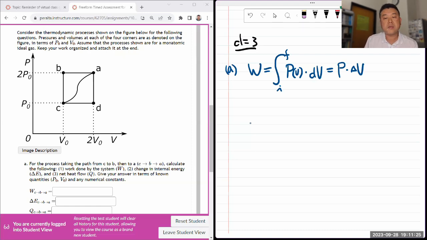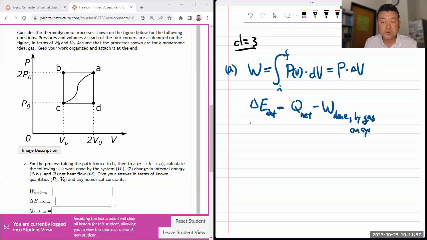The other expression you will use often is the first law of thermodynamics, which says the change of internal energy is the net heat transfer minus work done. If this minus sign confuses you, remember that physics convention is different from chemistry convention. Whenever we describe work, we're talking about work done by the gas on the surroundings, so work done takes energy out of the system you're working with.